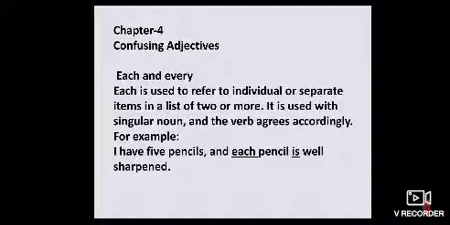The verb is used according to our singular noun, pencil. So each here refers to a singular noun, and each is used to refer to an individual item in a list of two or more. In the list you have 5 pencils, but in those 5 pencils, each pencil is well sharpened.